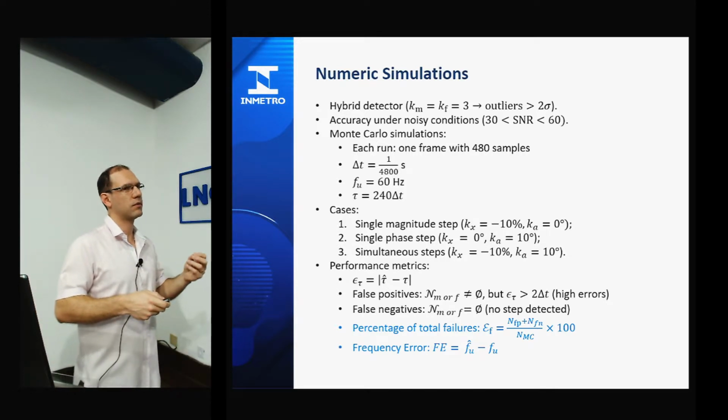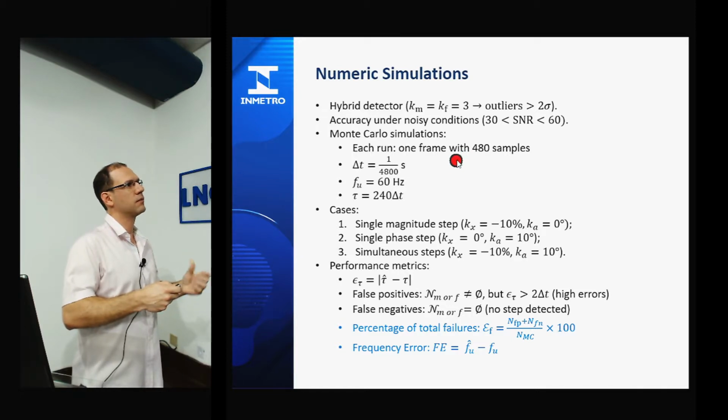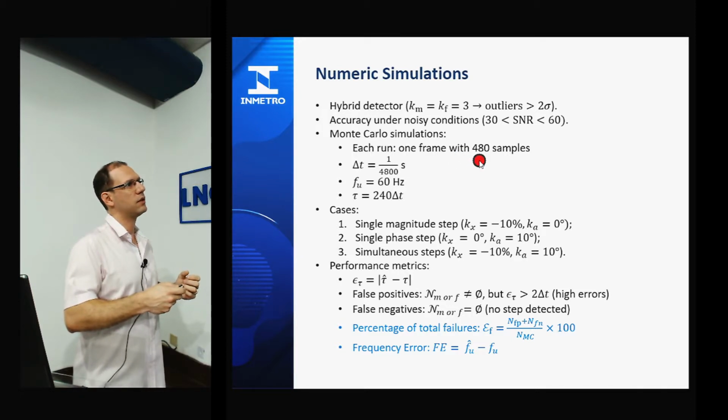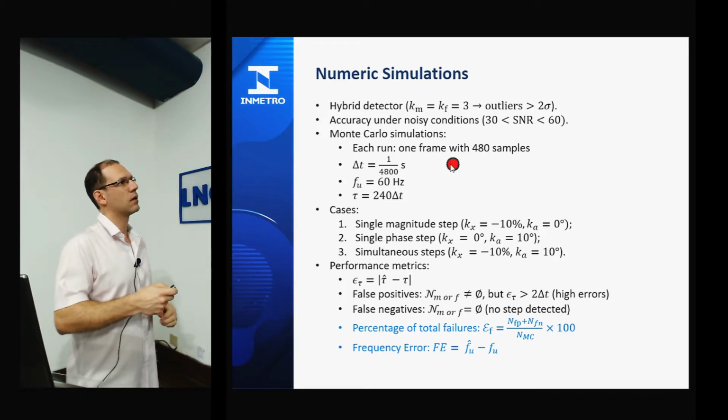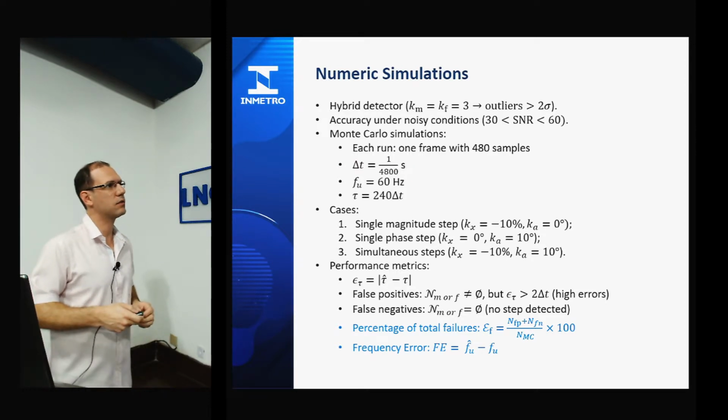In each run we generate one signal frame with 480 samples and a sampling frequency of 4,800 Hertz. So we have this sampling interval.